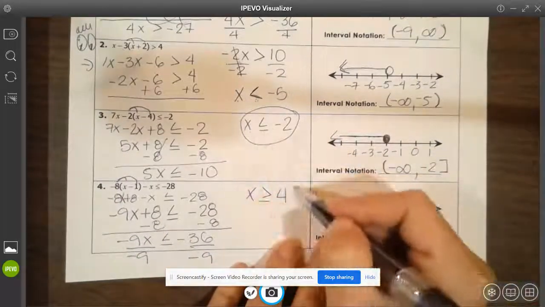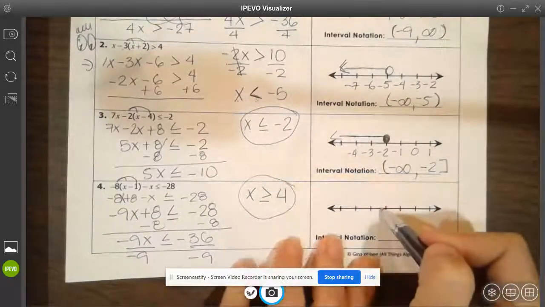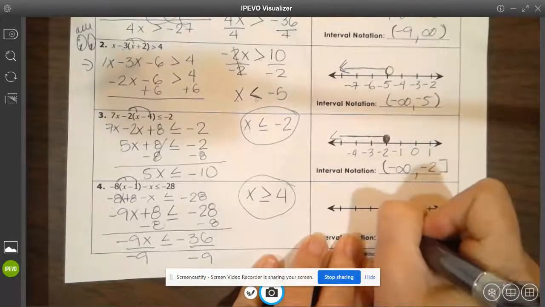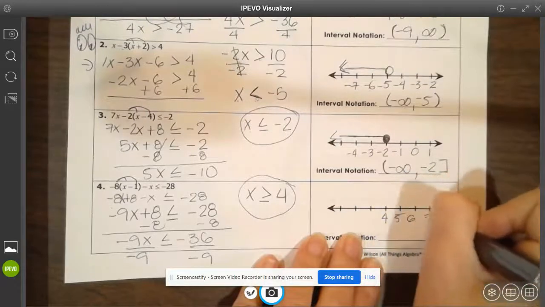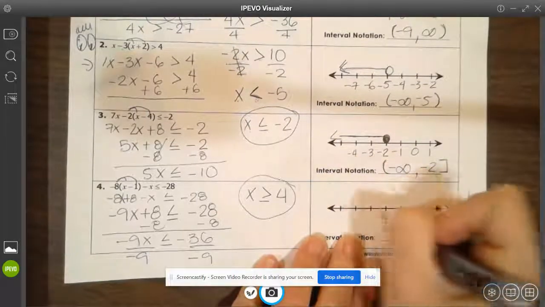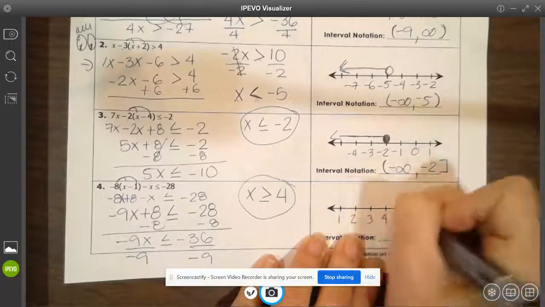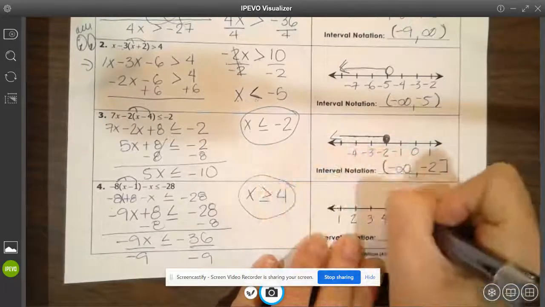All right, so now I'm going to go ahead and use my number line. So I can put 4 here, right? 5, 6, 7 to the right, it goes up, right? And then 3, 2, 1, right? And from here, this is included because it has an equal sign.